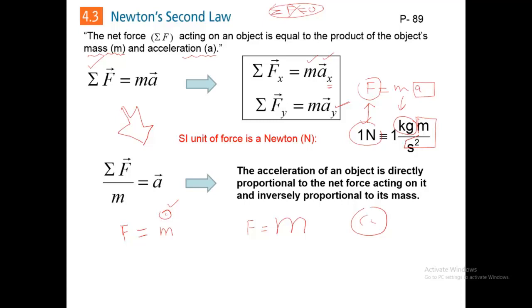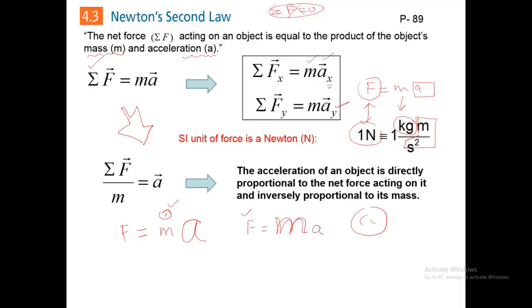Once you have the small object, it's easier to move it, so you will have a big acceleration in this small object. But if you apply the same force, 5 Newton, on a big object with greater mass, it's difficult to move it, so you'll have small acceleration.